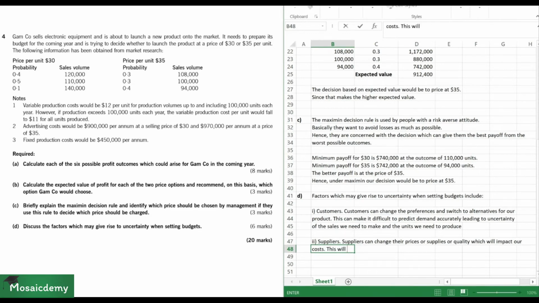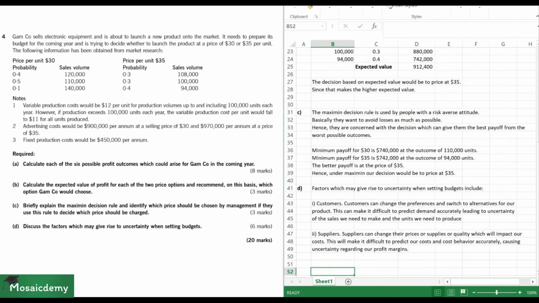This will make it difficult to predict our costs and cost behavior accurately, causing uncertainty regarding our profit margins, right? So we're using the buzzword over and over again, tying each point to the uncertainty, just to really drill home the point that we know what the requirement is and we're addressing it. Okay, be obvious about it.